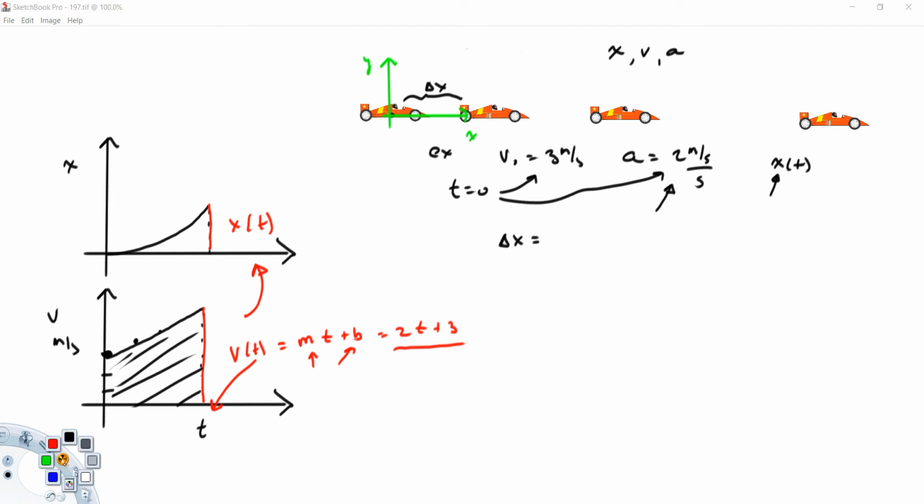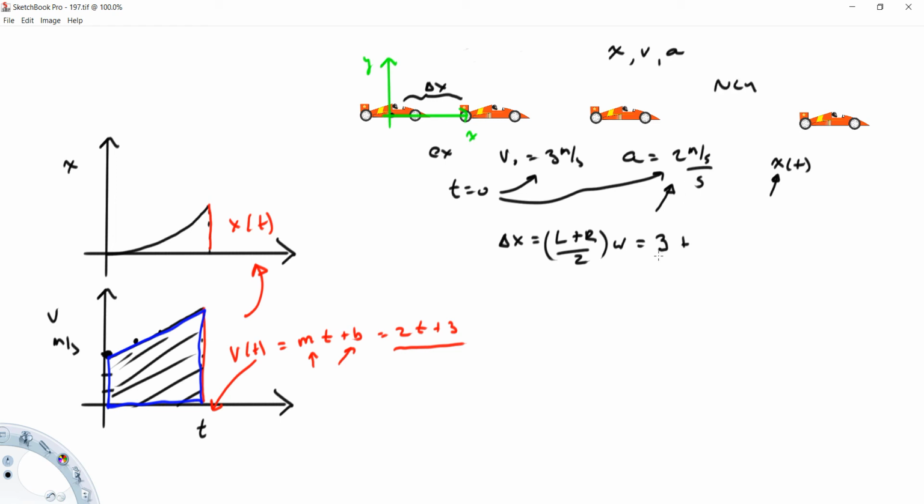And this geometry right here is a trapezoid. When you find the area of a trapezoid, I like to say it's left plus right, divided by 2, times the width. So in this example, that's going to be 3, and I'm going to leave the units off; I'll put NCU for note consistent units.